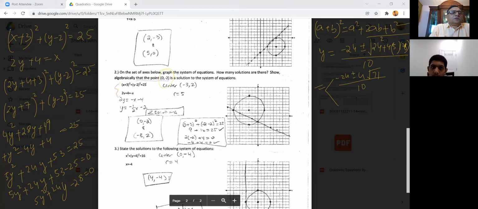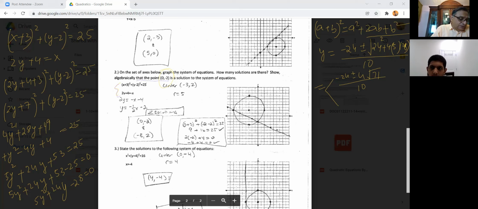So 2y plus 4 is the x value. 4 plus 3 is 7, 25, 4 square, 2ab, 4 times 7, 28, 49, y square minus 4y plus 4, 5, 28, 24, 4, 49 plus 4, 53 equals 25.